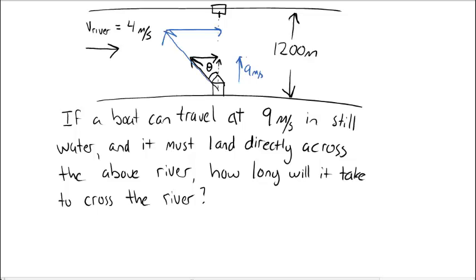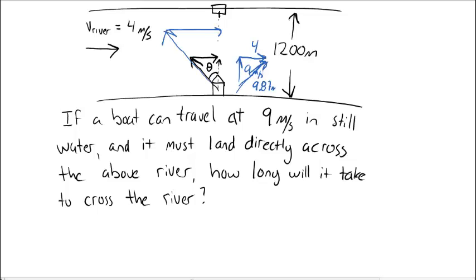However, with the river flowing at 4 meters per second, it will actually end up going faster. And so we add those head to tail, and it actually ends up traveling at 9.87 meters per second at this angle here.